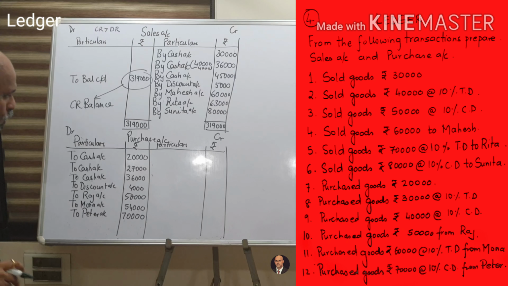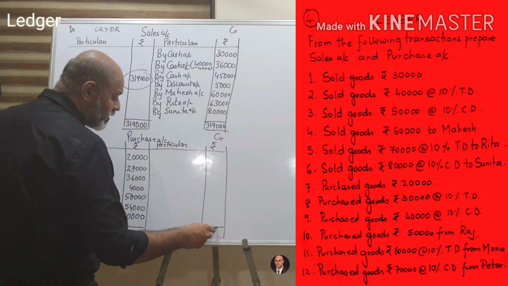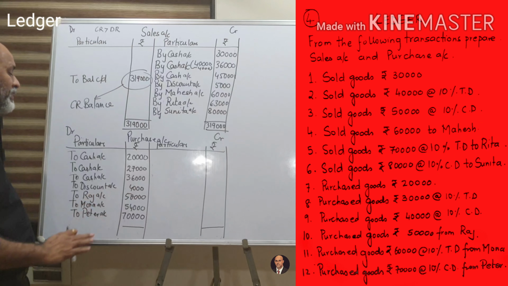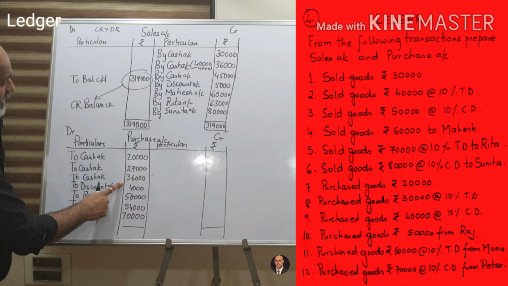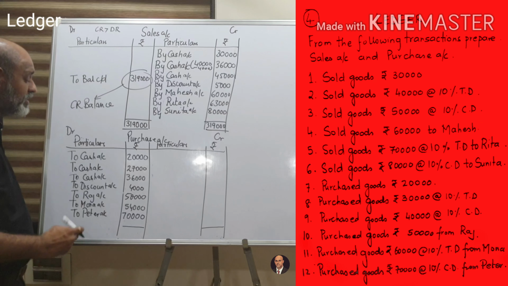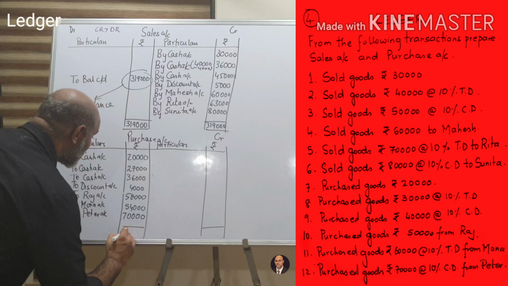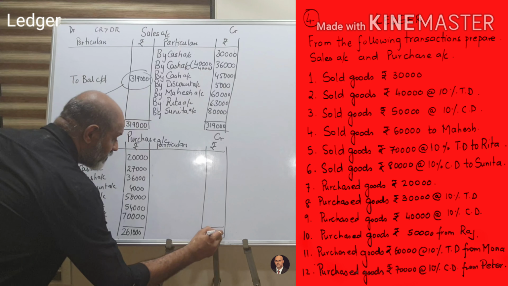Let us go to the purchase account. In the purchase account you will only see the figures of the debit side, which means it will have a debit balance. So I'll have to write the figure of the debit side on the credit side also. So this is 47, 53, 83, 87, 137, 141, 191, 191 plus 70,000 is 2,61,000.